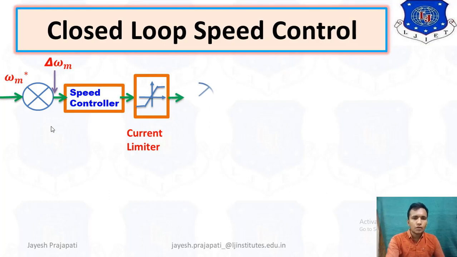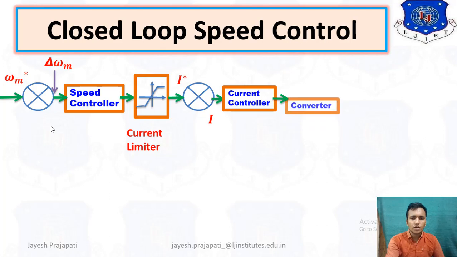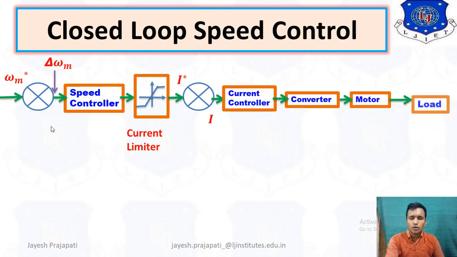The output is the current I star, which is given to another summing point. Then it is given to the current controller, then to the converter. That is the actual current control limit. Then the converter is connected to the motor and the load.